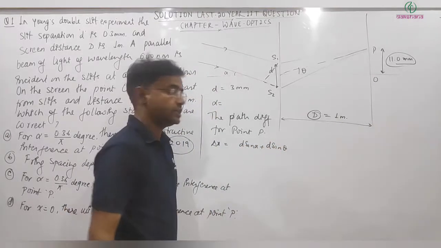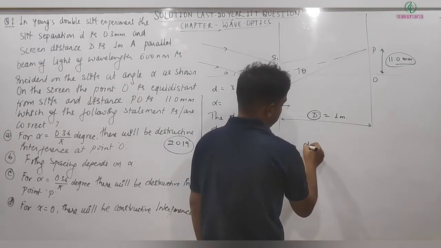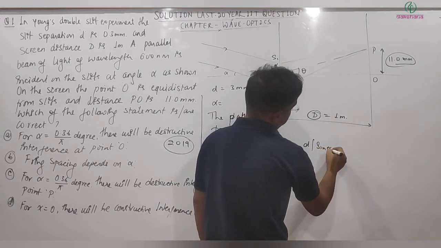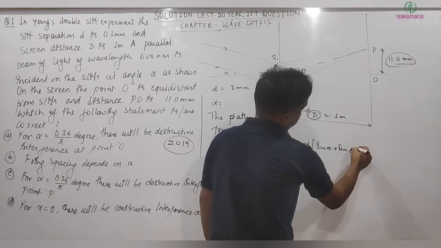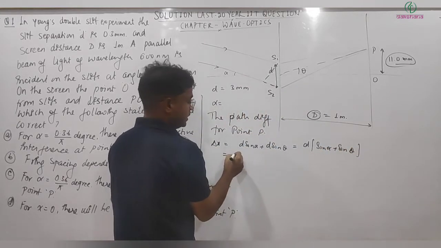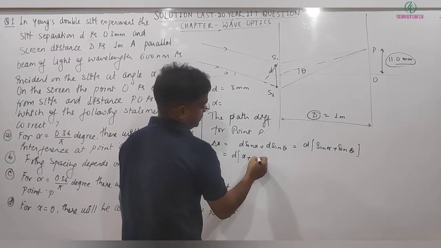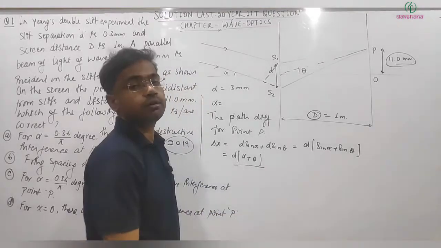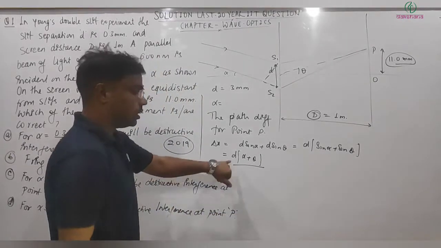For a small value of theta, this is d times sine alpha plus sine theta. This can also be written as d times alpha plus theta, when theta and alpha are both small, only in that case.